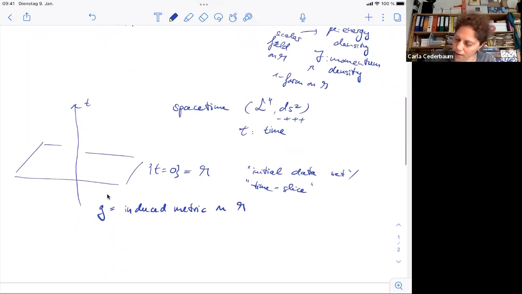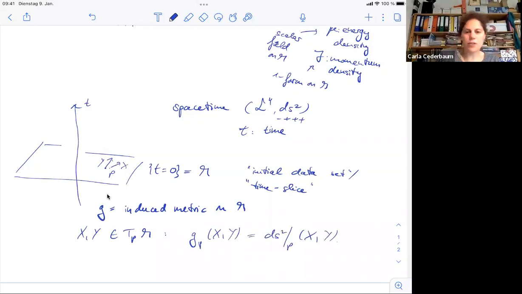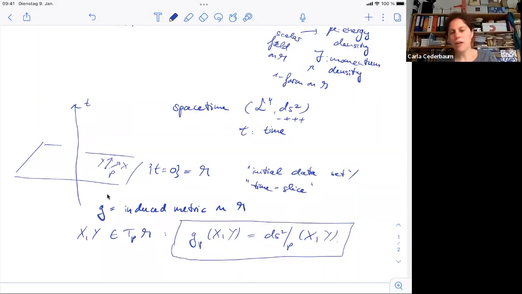So if I have X and Y in T_pM, so tangent vectors to M at some point p, then g at p of X and Y is nothing else than ds squared at p of X and Y. So it's exactly the same information that the Lorentzian metric ds squared, the space-time metric, has about this point and these two vectors at this point, except that I'm not allowed to plug in the vectors that are not tangential to this hypersurface, to this initial data set, or to this time slice. So this is the formula for the induced metric. So nothing very ingenious going on there.